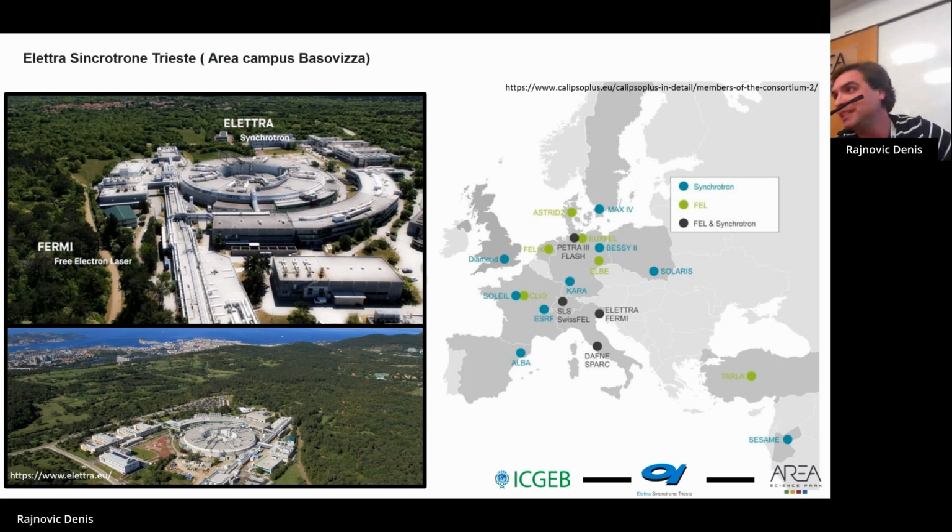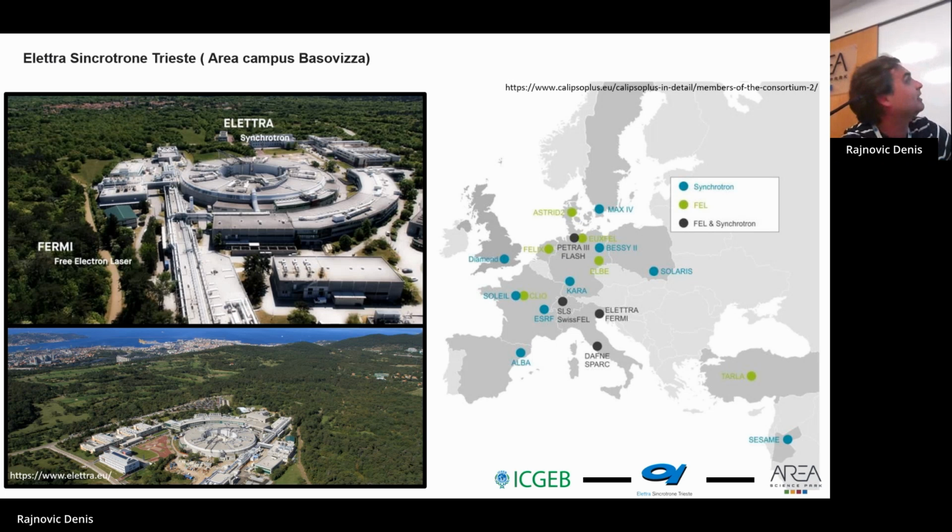About synchrotrons, for those who are not familiar, these are particle accelerators. There are around 50 in the world, and a third are located in Europe. Only 4 places in Europe have both a synchrotron, which is a circular particle accelerator, and a free electron laser, which we can say is a linear accelerator, and 2 of them are located in Italy.